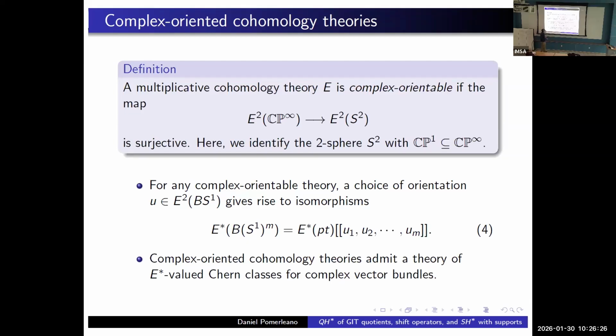And just from that axiom, that implies, for instance, that the cohomology of CP infinity to the M will behave basically just like the usual cohomology of CP infinity, and you have Chern classes and so forth. So there are Thom isomorphisms, and the usual package we need to do this argument holds.